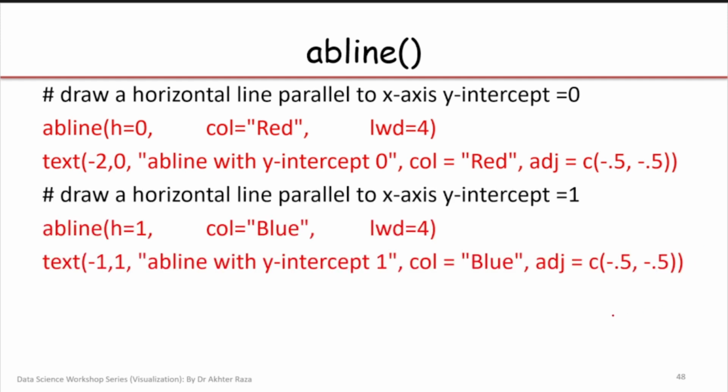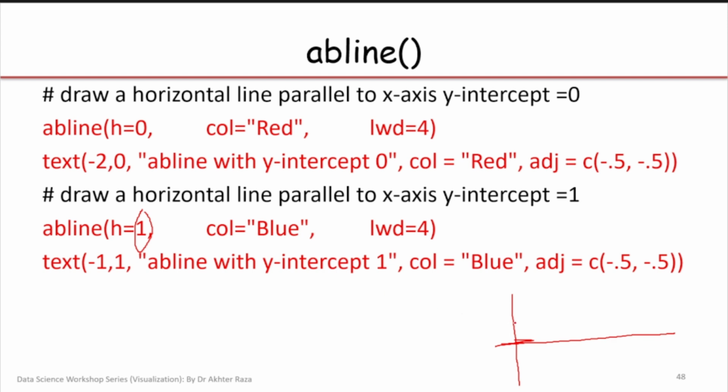Then another line is drawn, a horizontal line at, not x equal to 1, but at y equal to 1. This is the y coordinate, and this line is of the blue color. The first line will be at 0. The second line will be drawn at 1.